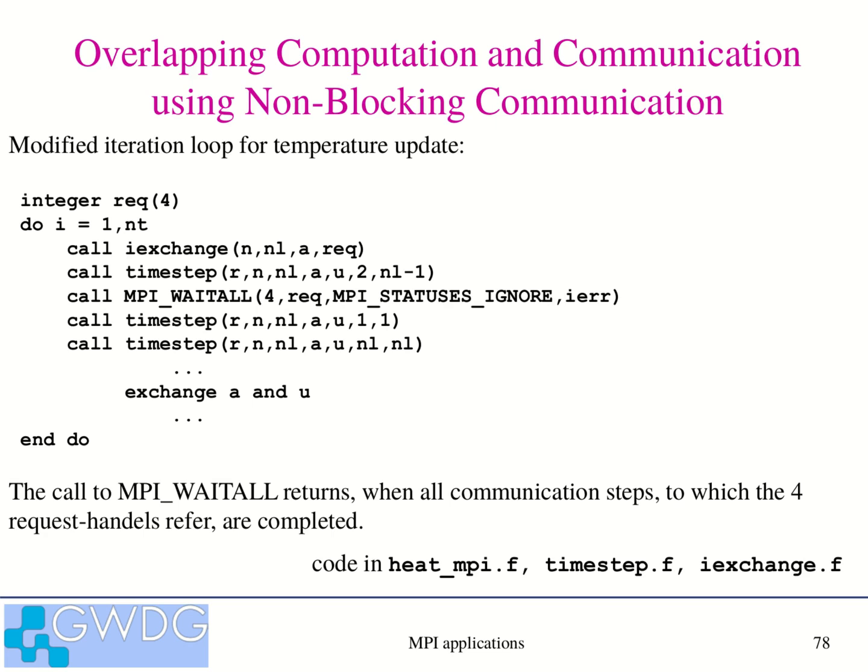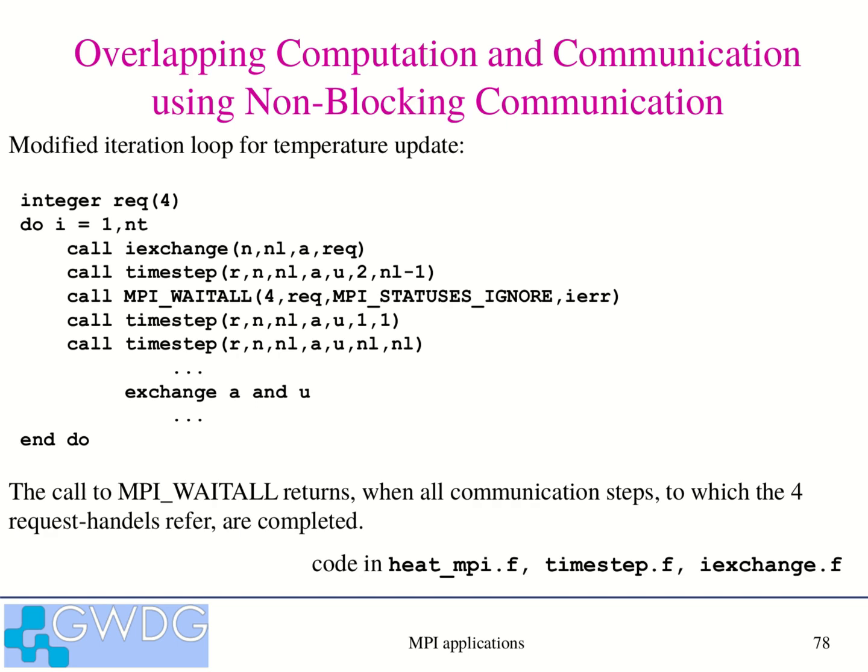So I do the time step from 1 to 1, and then for the rightmost column, which is NL, I do the time step for NL. Then I change A and Q, and that's it.